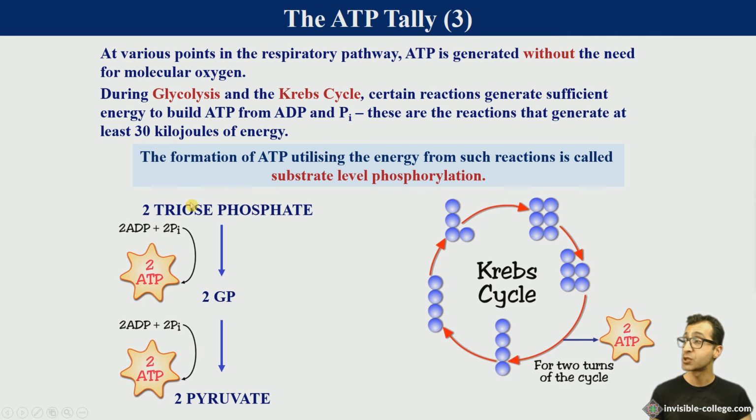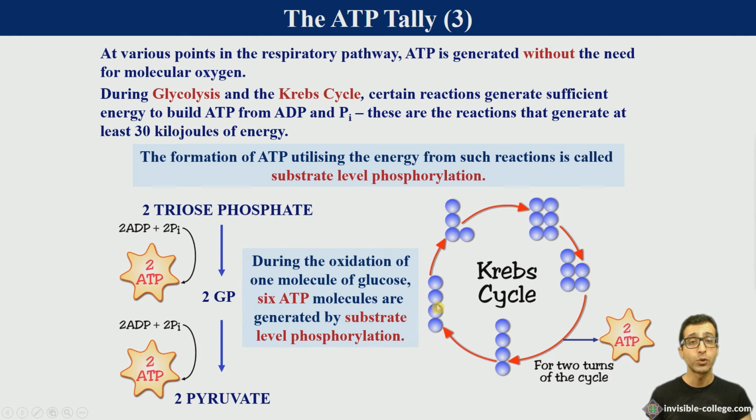So these are the processes which directly produce ATP by the conversion of one substrate into another, simply due to the chemical energy released in those processes directly powering that phosphorylation. Per molecule of glucose, there are 6 ATP molecules generated by this process of substrate level phosphorylation.